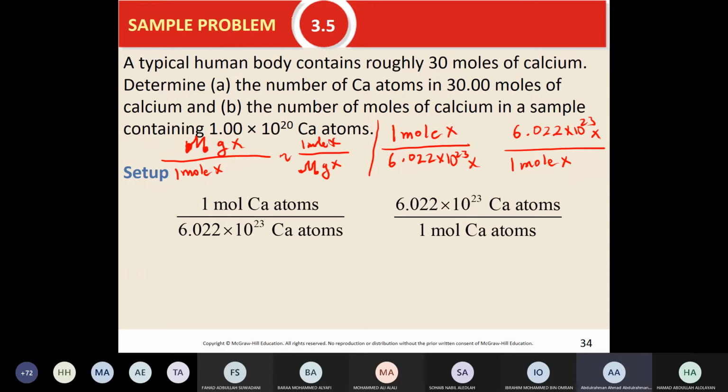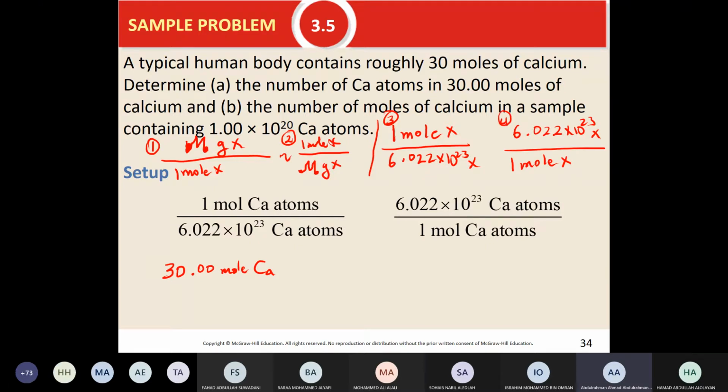Now, if I have 30 moles of X, which in this case is calcium, Ca, I want you to tell me how many atoms are available in 30 moles of Ca. Which of the 4 equations are you going to use? Let's call them 1, 2, 3, and 4.